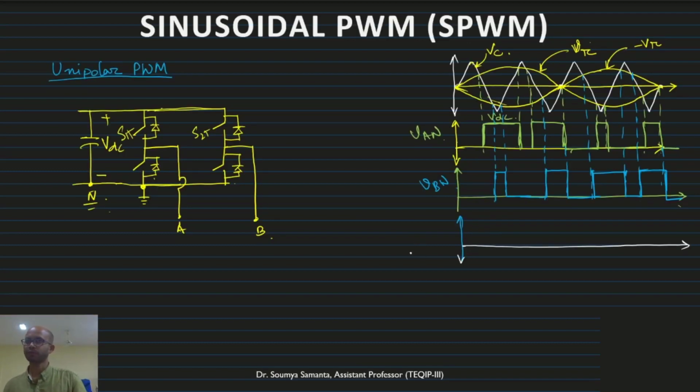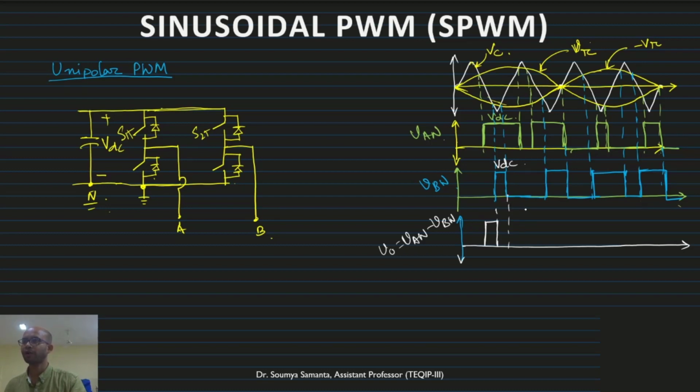V output equals VAN minus VBN. Let me take this part. This will be 1, and then VAN and VBN both are VDC. Both are equal, so there will be 0.